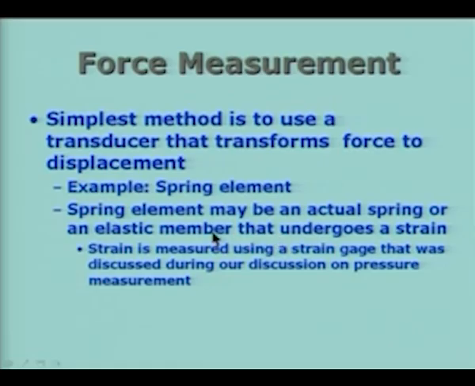It may be in the form of a rod, or a beam, or a ring. Any of these elements are possible. So, the displacement is because the material behaves as an elastic material. When the strain is very small, the material behaves as an elastic material, and the stress is proportional to strain.